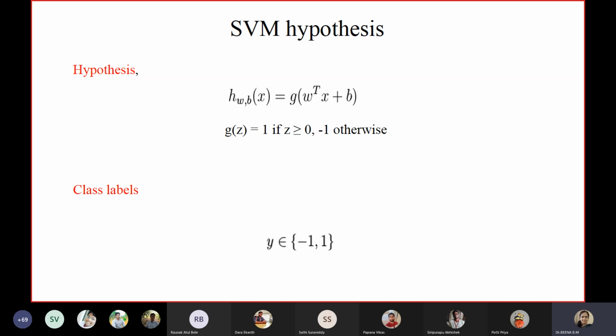With respect to SVM, support vector machine, we have to see whether the algorithm is able to categorize the classes into proper groups.